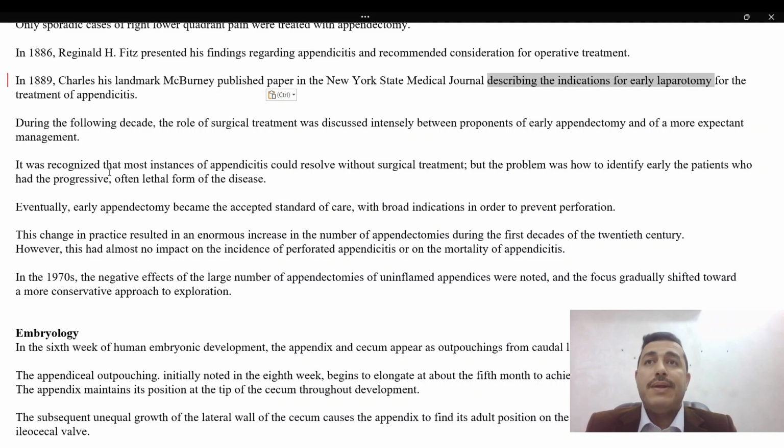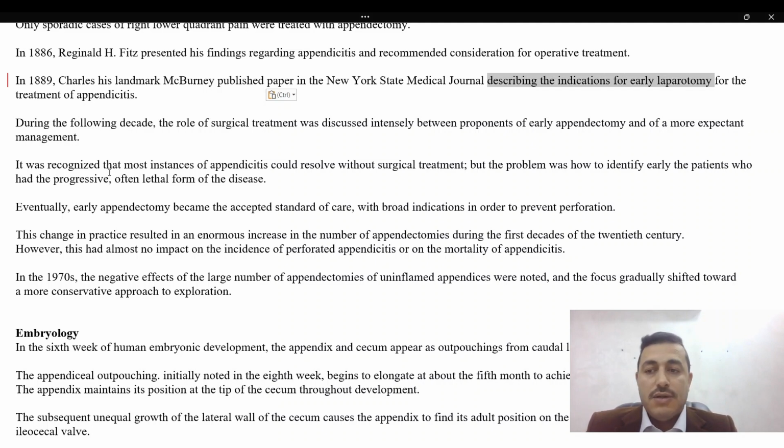And so appendectomy was performed routinely for all patients with appendicitis, because we cannot predict which patient will have a perforated appendix later on.